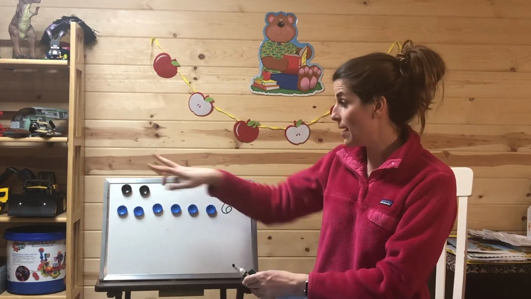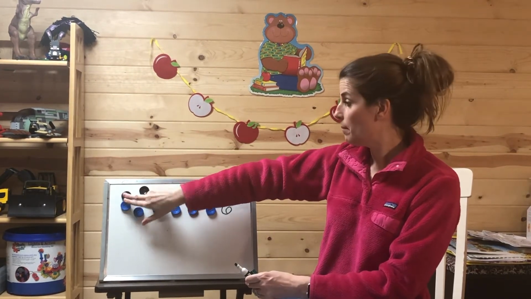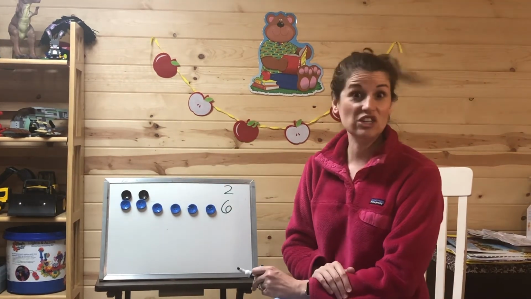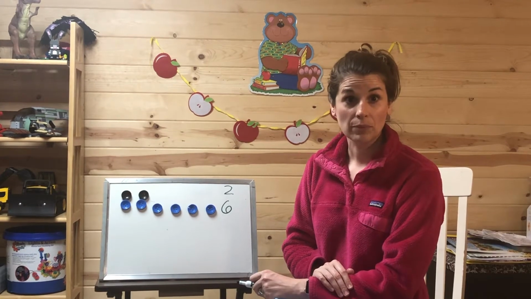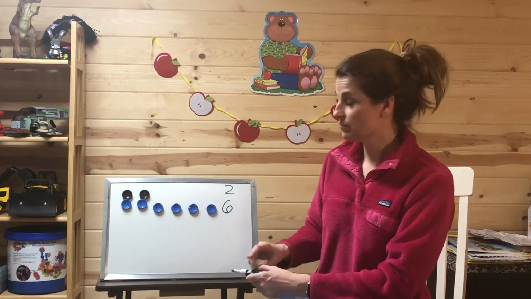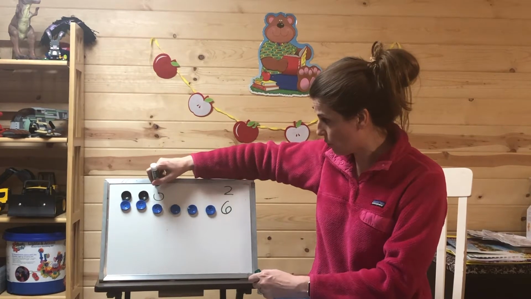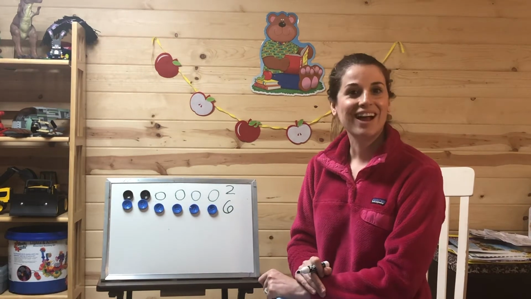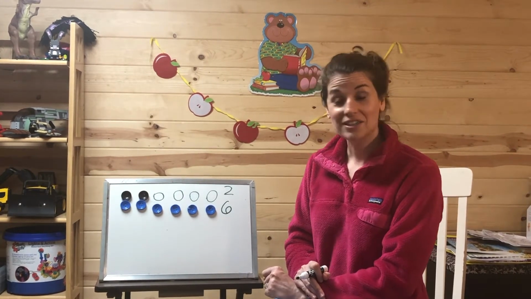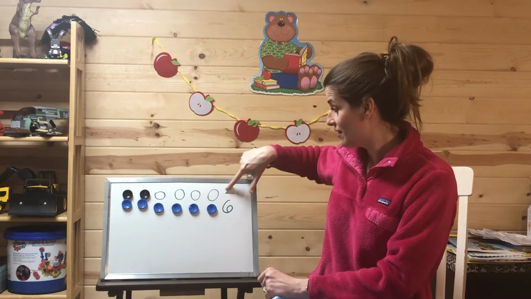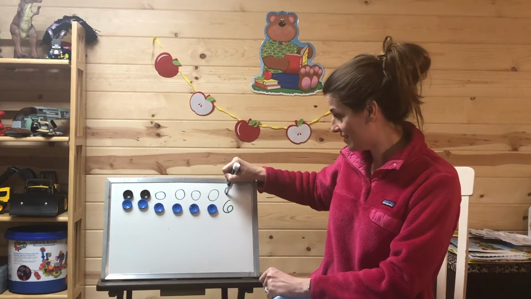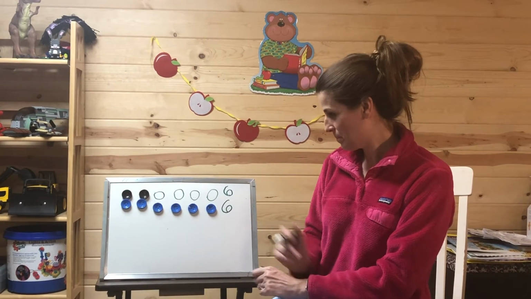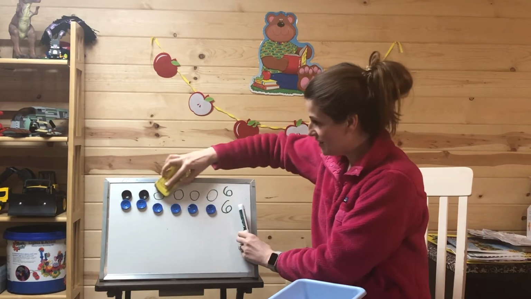Looking at them, ooh, they each have a buddy. But how many don't have a buddy? Yeah, 4. So here I go. Let's give them a partner. 1, 2, 3, 4. I need 4 more to make them both 6. And now they're equal. Let's try some more.